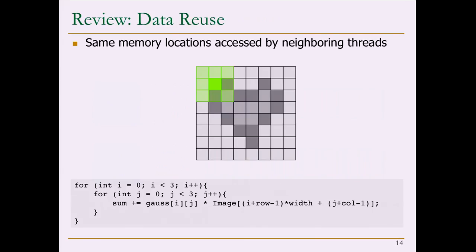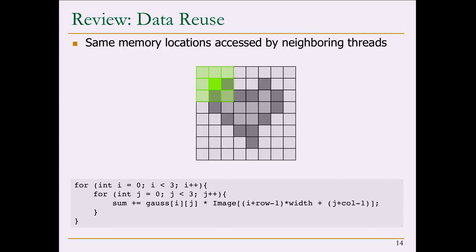And after discussing global memory access, we started talking about what to do when we have data reuse in one kernel, because we have many threads running at the same time. Some of these threads belong to the same thread block, and it might happen that at the same time or at different points in time, threads belonging to the same thread block need to access the same data elements.